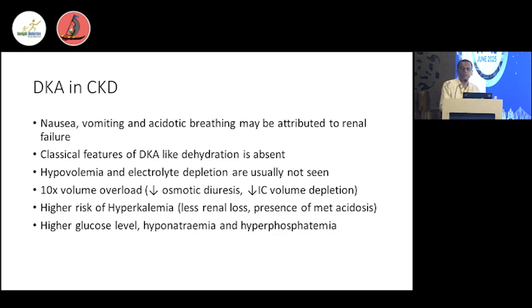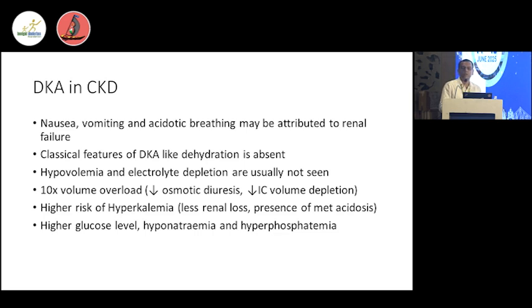So DKA in chronic kidney disease, like in this patient: almost 7.5% of the patients admitted in DKA have end-stage renal disease, and these patients have a higher rate of complications, like increased hospital stay, higher readmission rate, increased mortality as well as increased hypoglycemic rate.